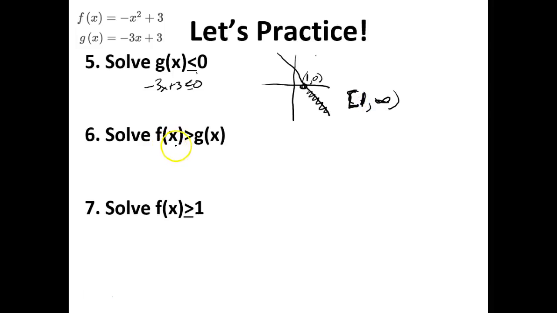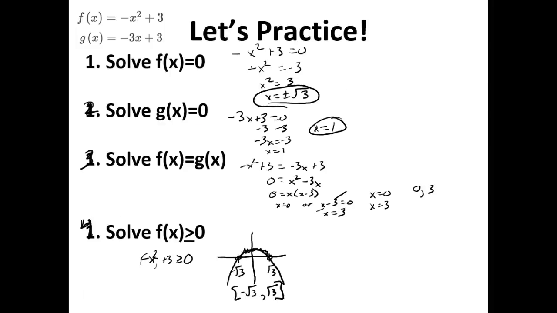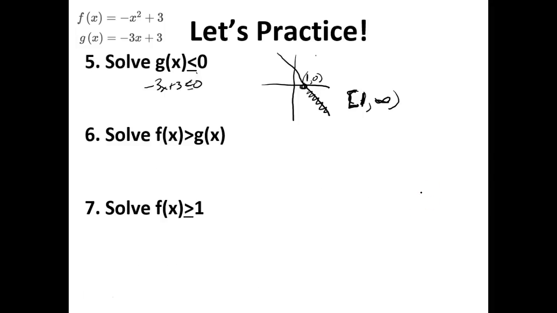Solve where f of x is greater than g of x. If I go back, I figured out where they're equal. They're equal at 0 and 3. So I know on a graph that they are going to be crossing at 0 and at 3.